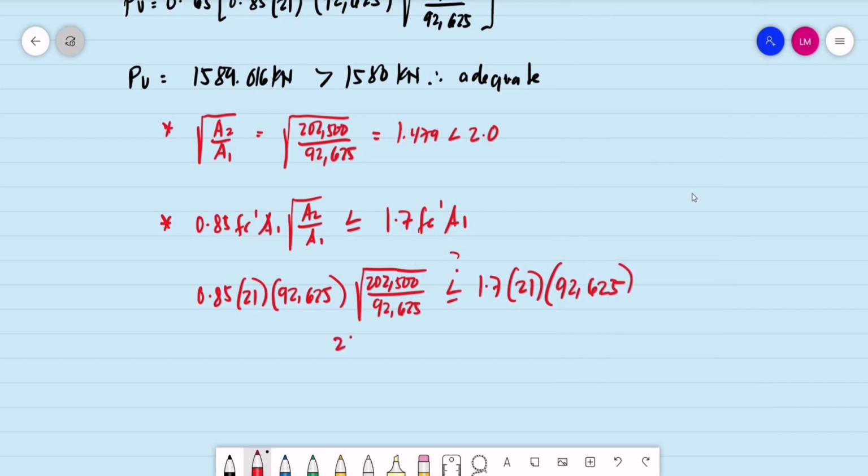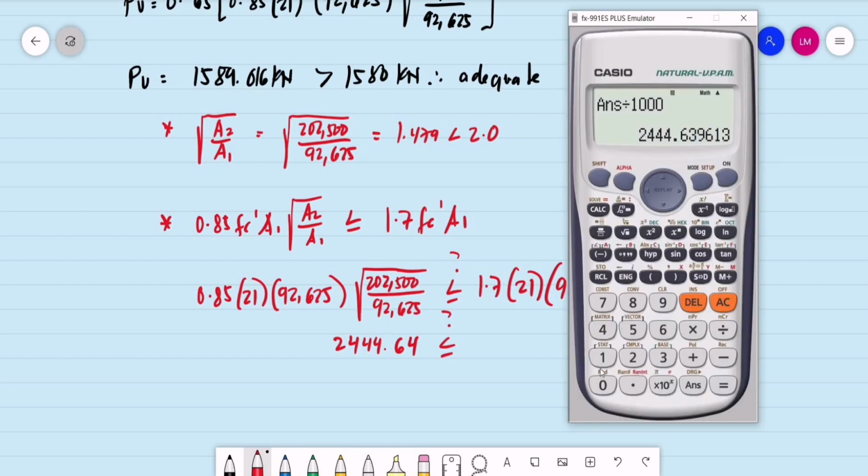That is 2,444.64. Is it less than or equal to 1.7 of 21 megapascals times 92,625, divided by 1,000?